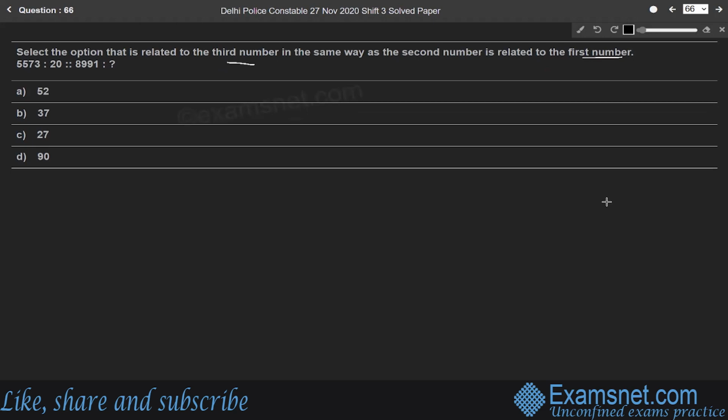Here, the number 20 is obtained when all the digits of the number 5573 are added. So 5573, their sum is 20. Similarly, when all the digits of 8991 are added, we will get 27. Therefore, option C is the right answer.